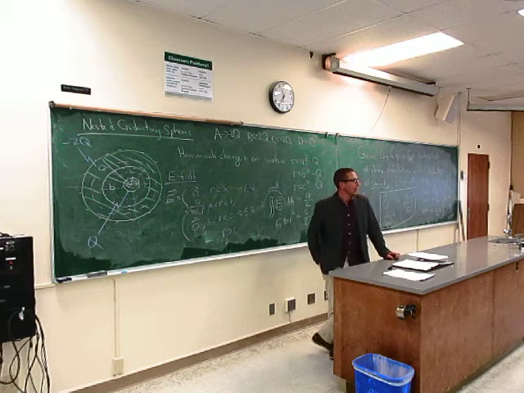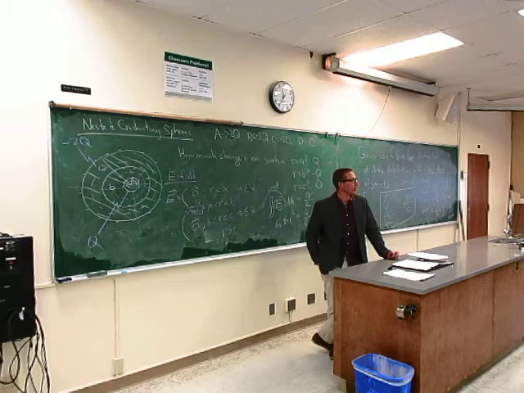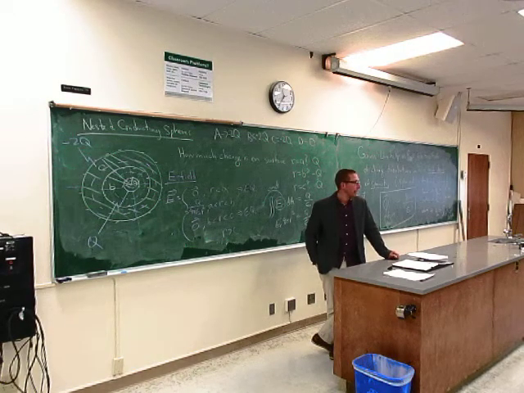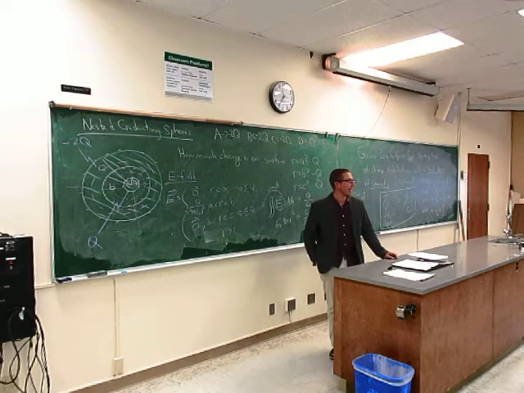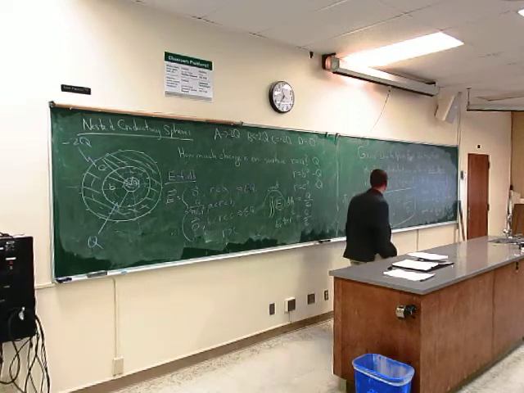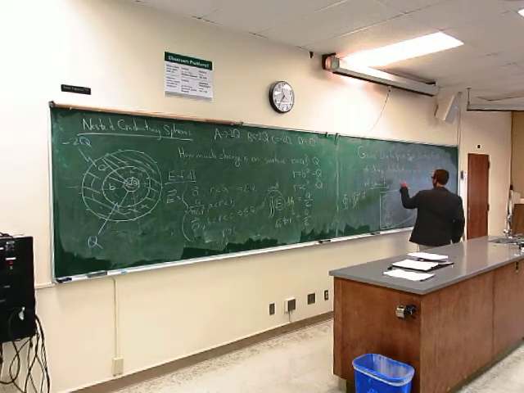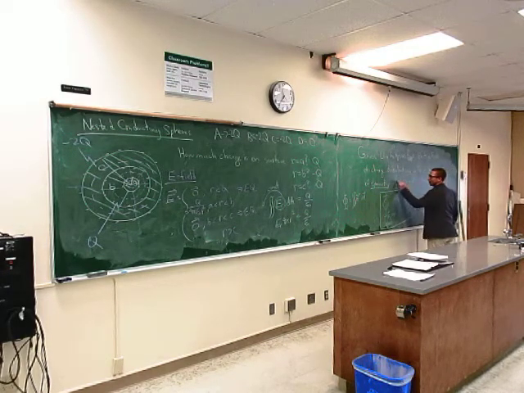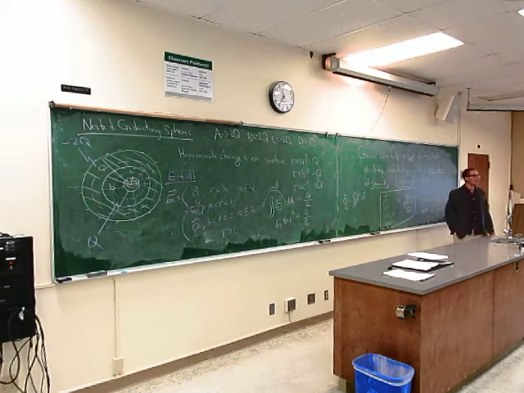Excellent question. So I go back to the question you asked earlier about what's the field in any region. It's the net electric field. The key here is the fact that we're dealing with spherical symmetry, because without spherical symmetry, the argument breaks down.